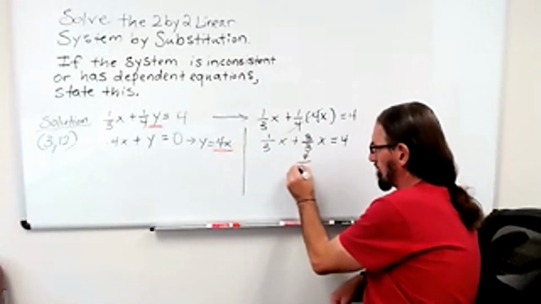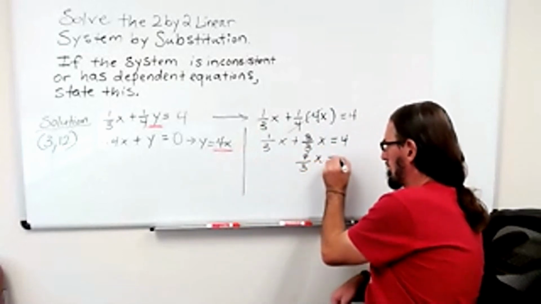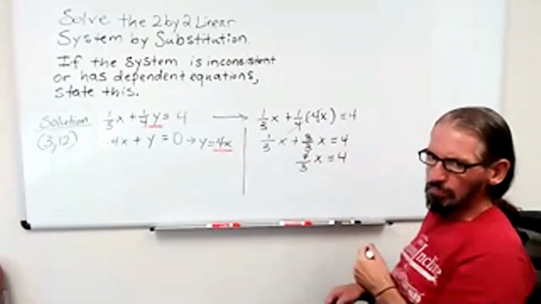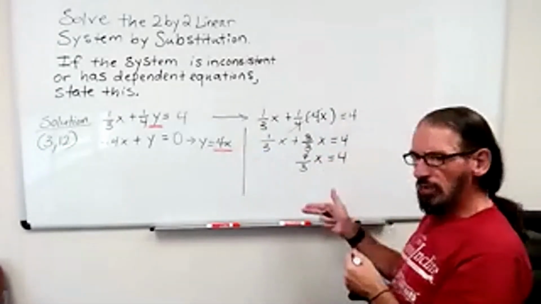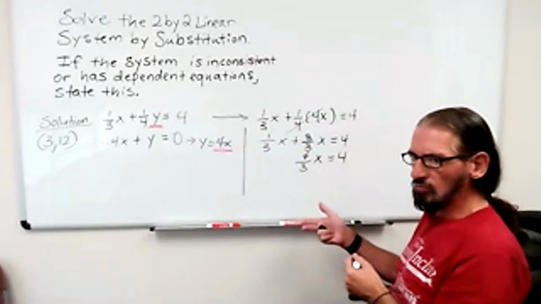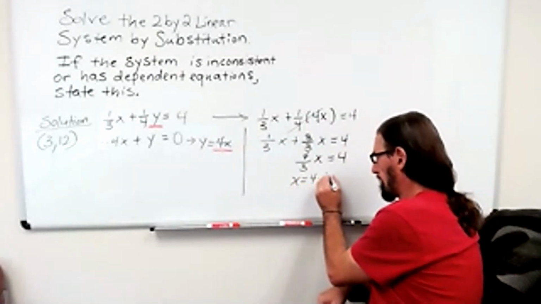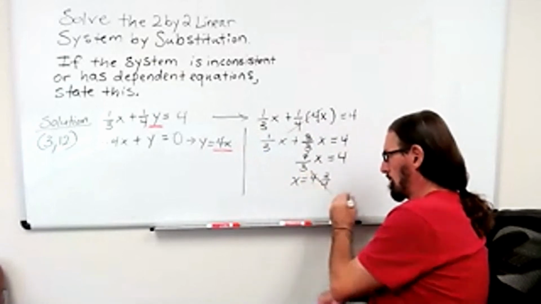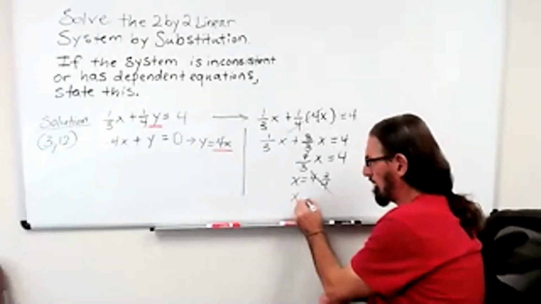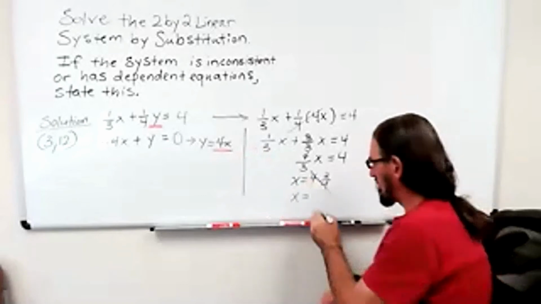So we've got 4/3 x equals 4. Dividing by 4/3 would be the same as multiplying by 3/4. The 4's cancel. X is equal to 3, just like before.